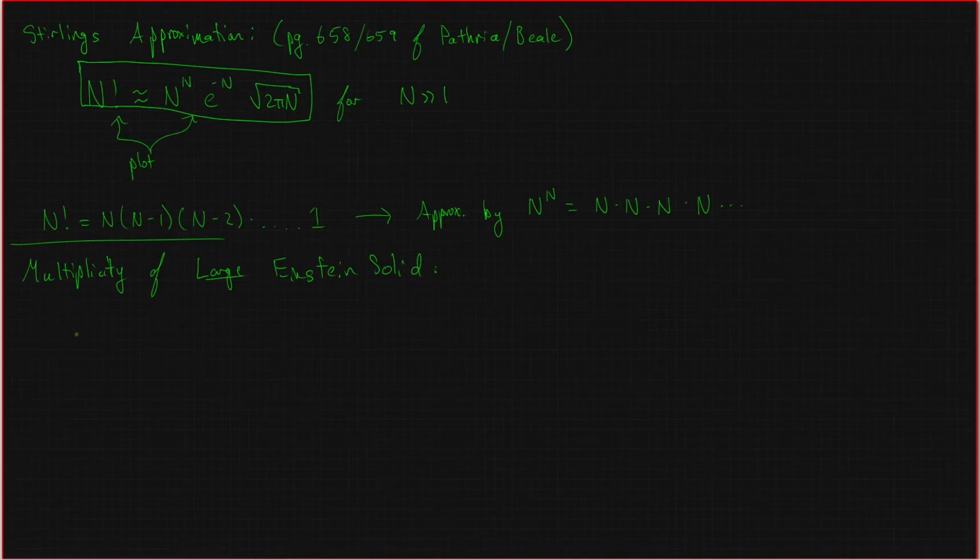Okay, so we're going to consider, let's say we've got n oscillators. So n is the number of oscillators. And let's say we have q units of energy.